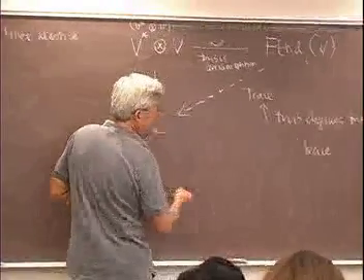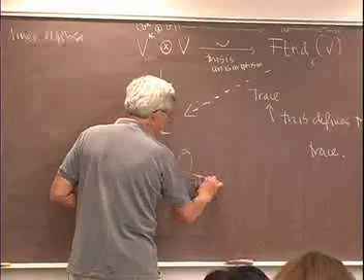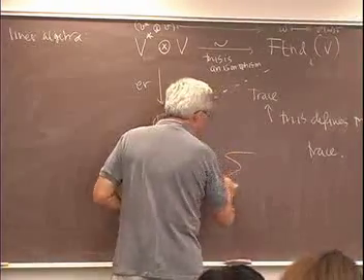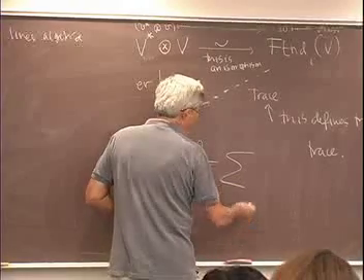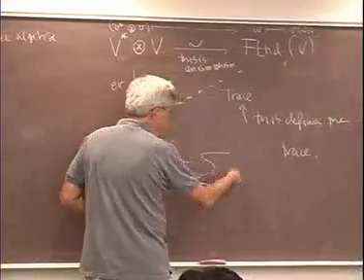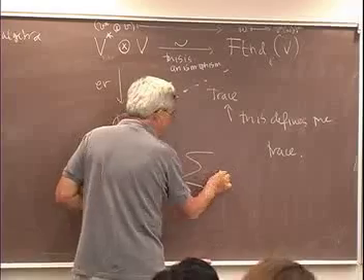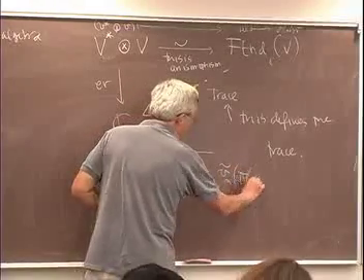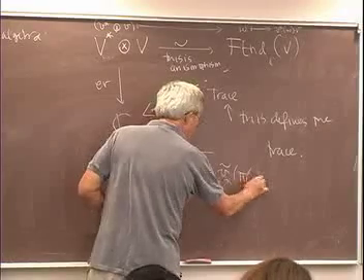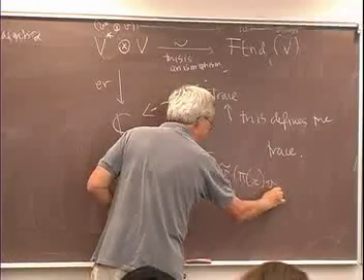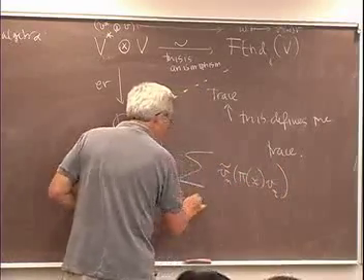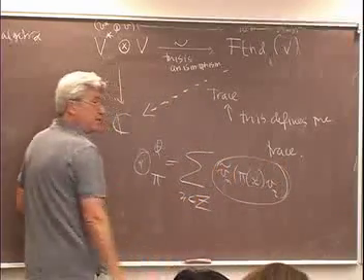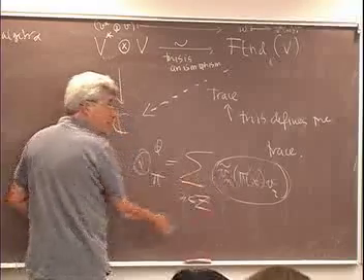What is important is that this character is just the sum of all of these matrix coefficients for various n: V twiddle n, pi of x, V n, summed over all n in Z. These are matrix coefficients, so they depend only on the Harish-Chandra module.